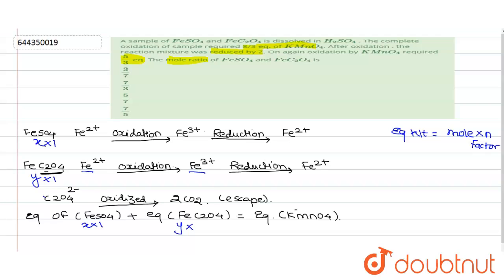Now look at C2O4 2-. First calculate the oxidation state of carbon.